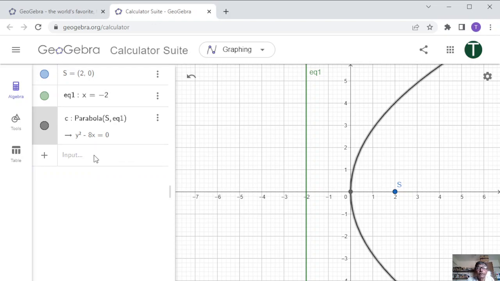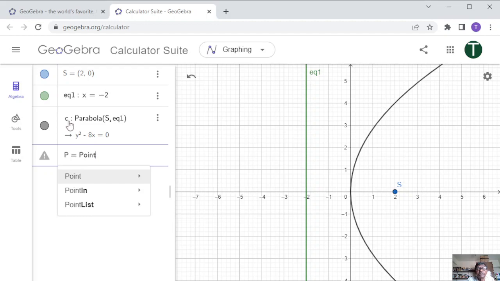So I take a point here on the parabola, that is P is equal to a point on what?